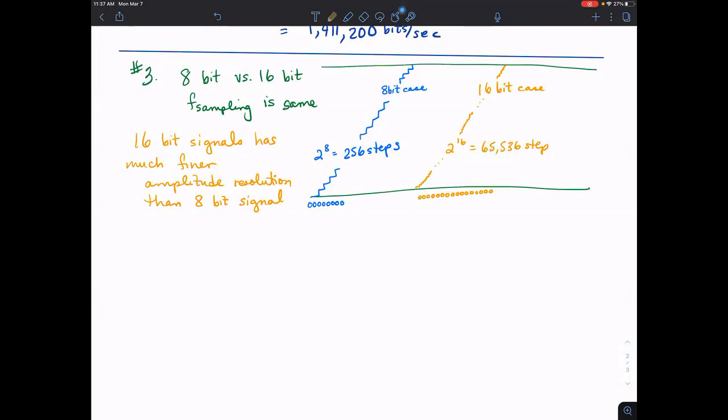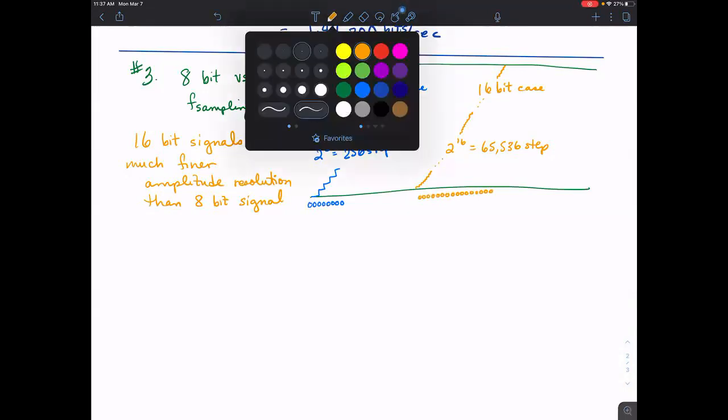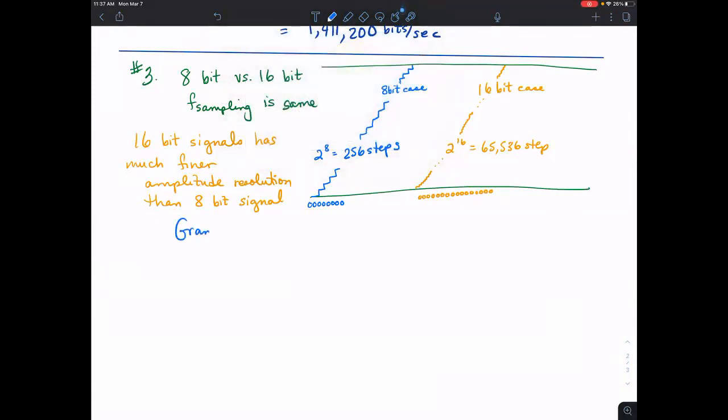So the answer to that one is that the granularity of the amplitude resolution changes. The granularity of the amplitude resolution depends on the bit resolution or number of bits per sample.